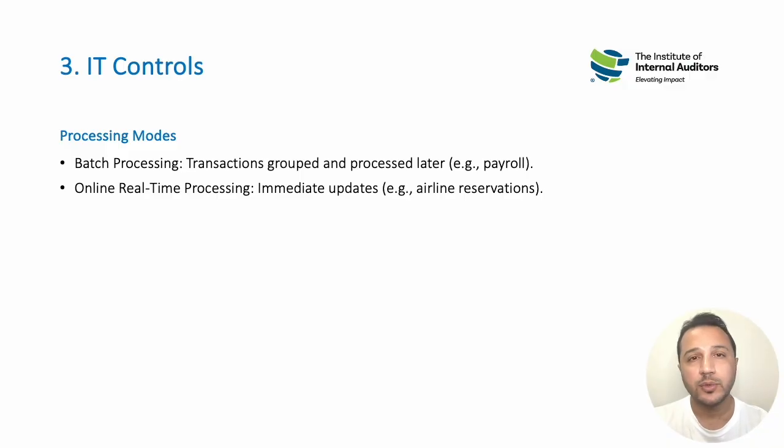This is important to understand within the IT environment for any transaction that you are intending to audit, whether it's happening at a batch level or in real time, because in real time we do not have much time to correct in case of any fault, and we are in a high-risk environment.